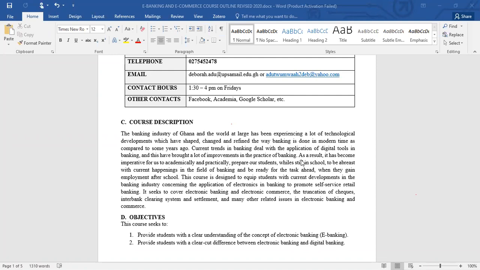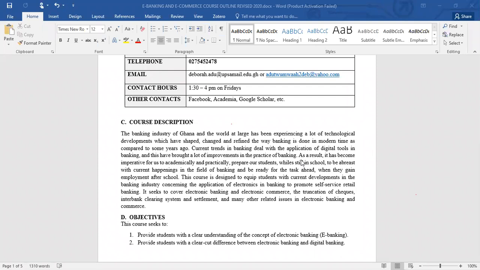So the University of Professional Studies, a prestigious university, seeing how technology has affected the banking industry, decided to introduce a course which will cater for students' needs regarding how technology has shaped the banking industry, so that by the time you leave school and get employed in a bank or any other financial institution, you will not find yourself wanting in knowledge of electronic banking technologies.